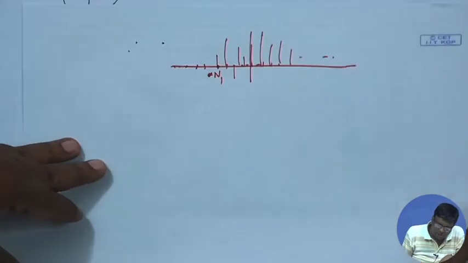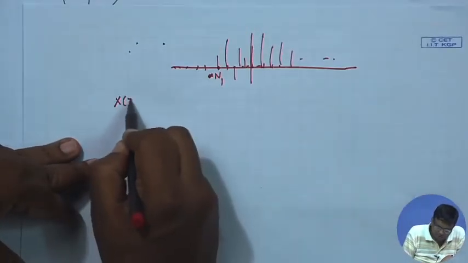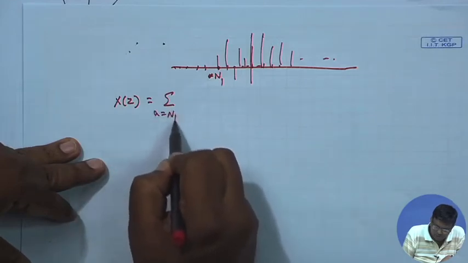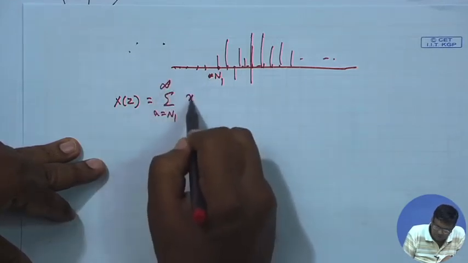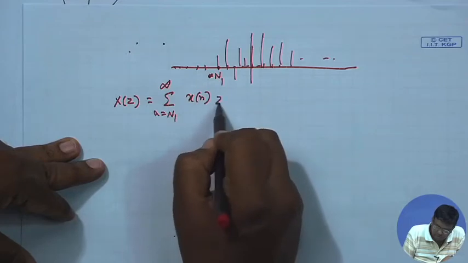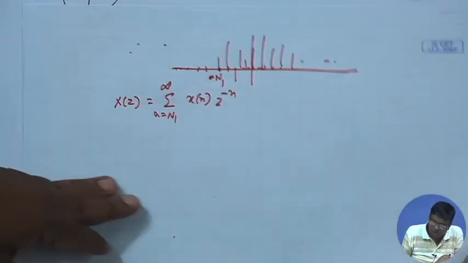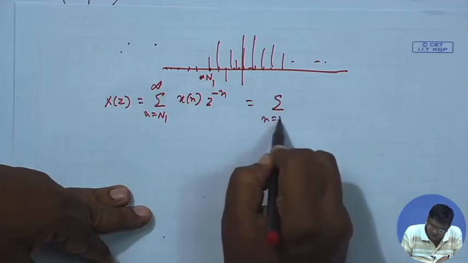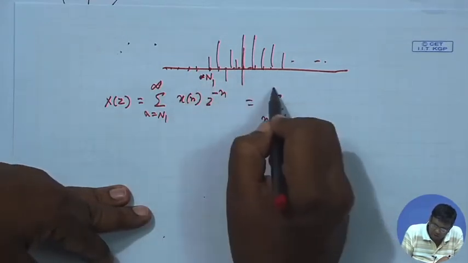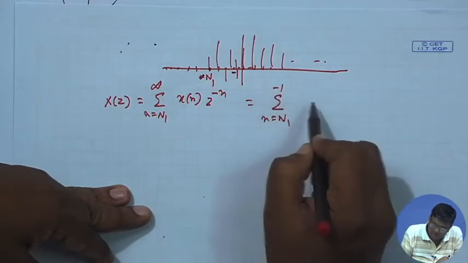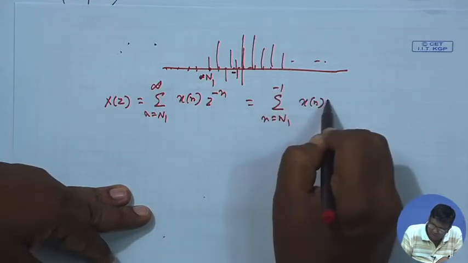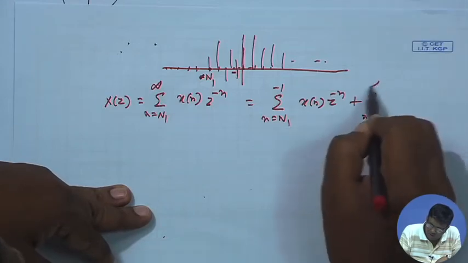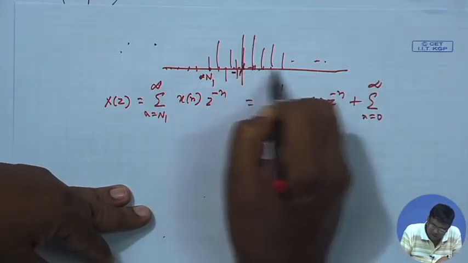Then the z transform, as before, n will start at n 1, a negative value, up to infinity, and this summation I can write as a summation of two parts. One will go from n 1, the negative value, up to minus 1, and the other will go from n equal to 0 up to infinity.